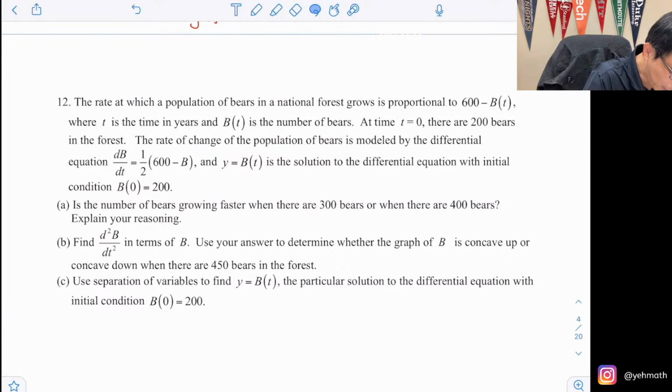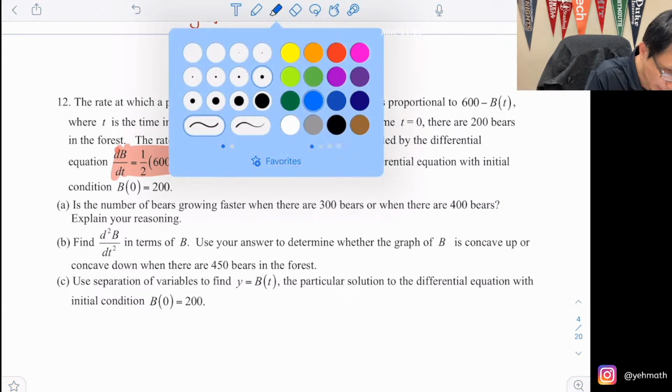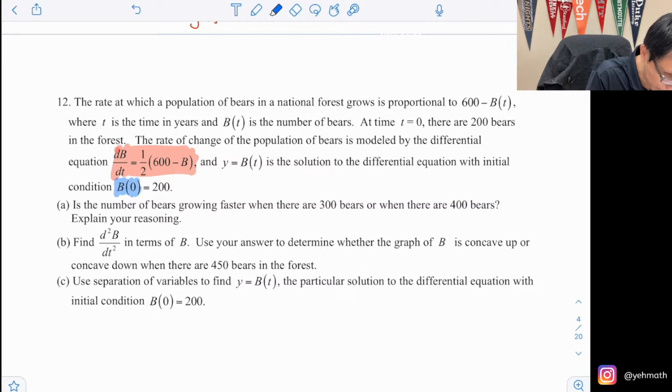First of all, we have to annotate everything. Something super important to annotate is this dB/dt, which is just the rate. Also the initial condition is the second very important thing.